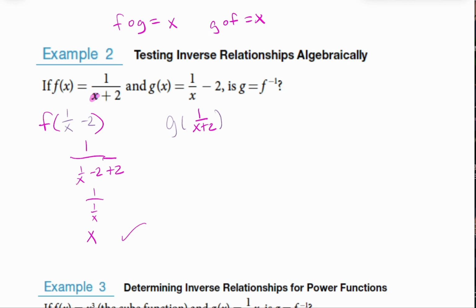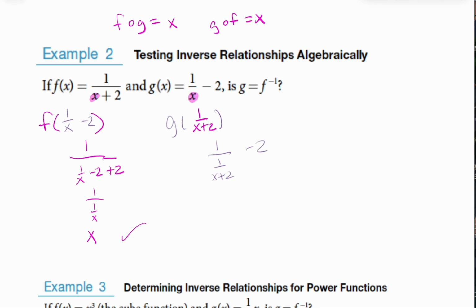This time into our g function, we're going to put f, 1 over x plus 2, so it's going to go right here. So we're going to get 1 over x plus 2, minus 2.